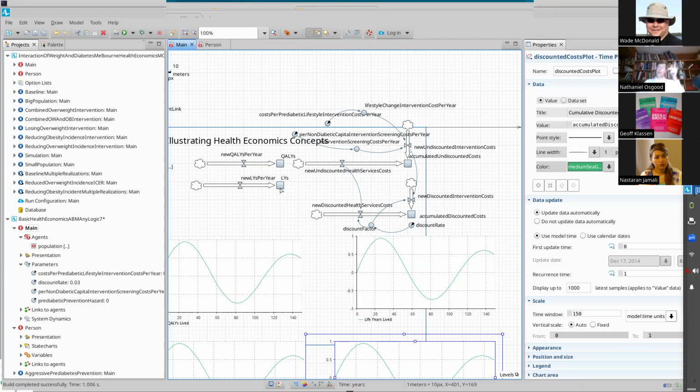But quality adjusted life years, if there's one person with a quality of life of 1 living for a year and another with a quality of life of 0.5 living for a year, then across the two of them, it wouldn't be 2 full quality adjusted life years lived.